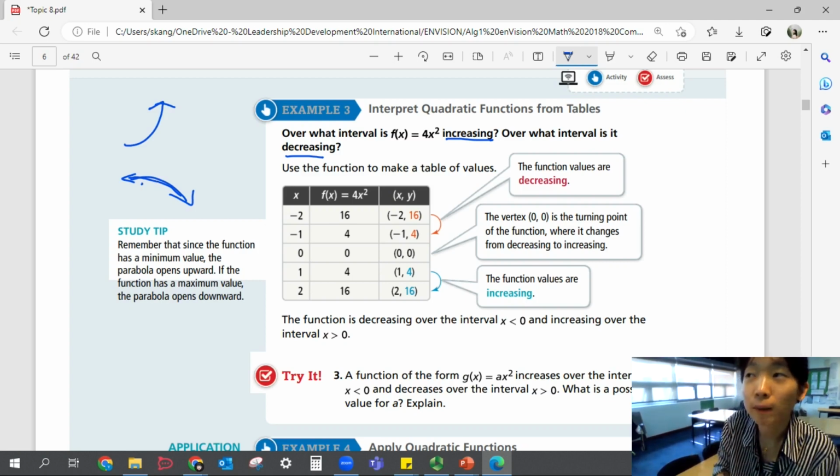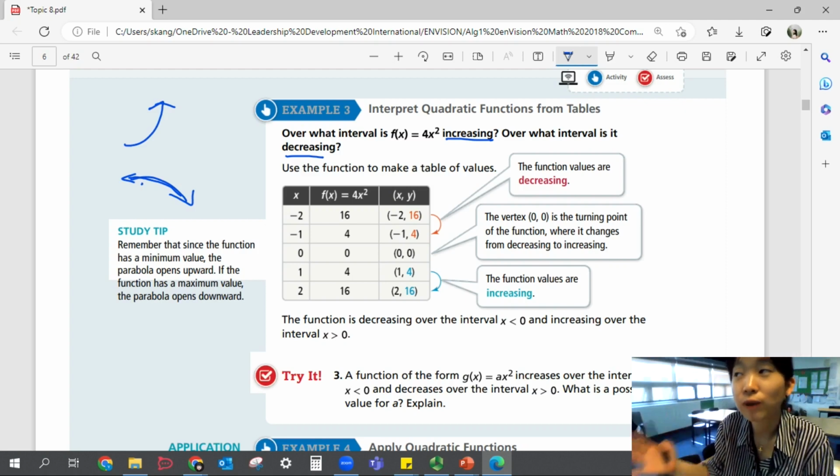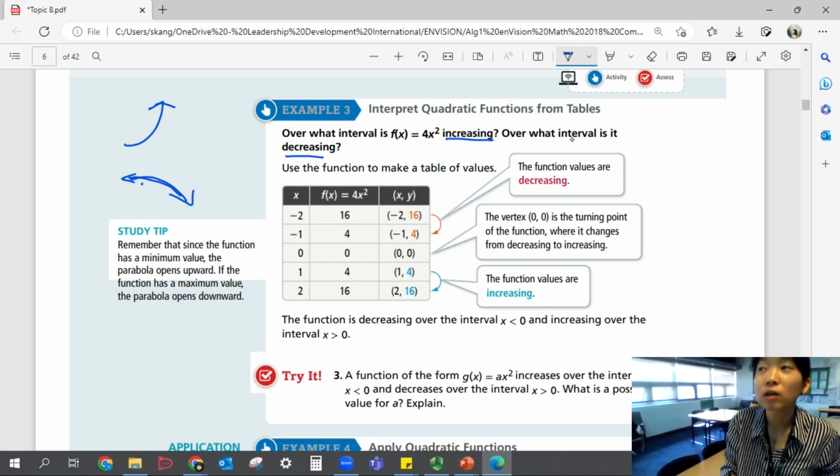That is one way to remember it, but please remember that you're reading the graph from left to right, okay? Even if you're looking at a parabola that's facing to the left side, you're reading from left to right and seeing if it's increasing or decreasing.